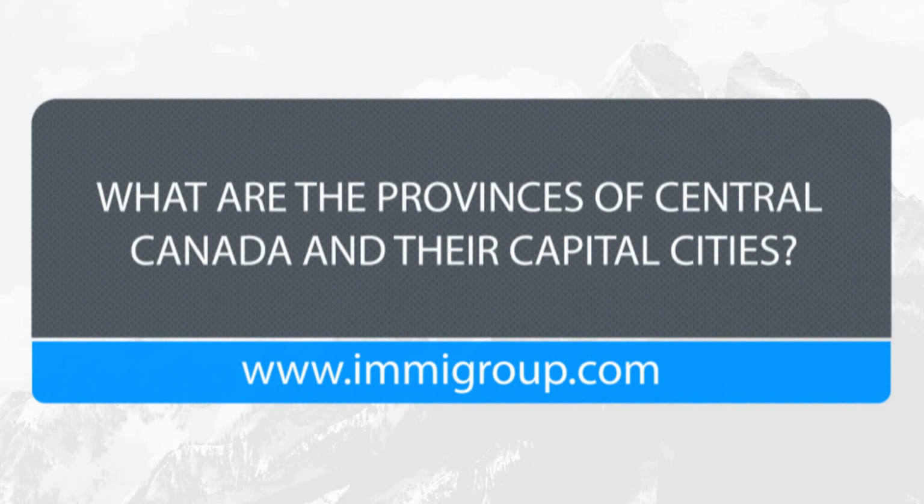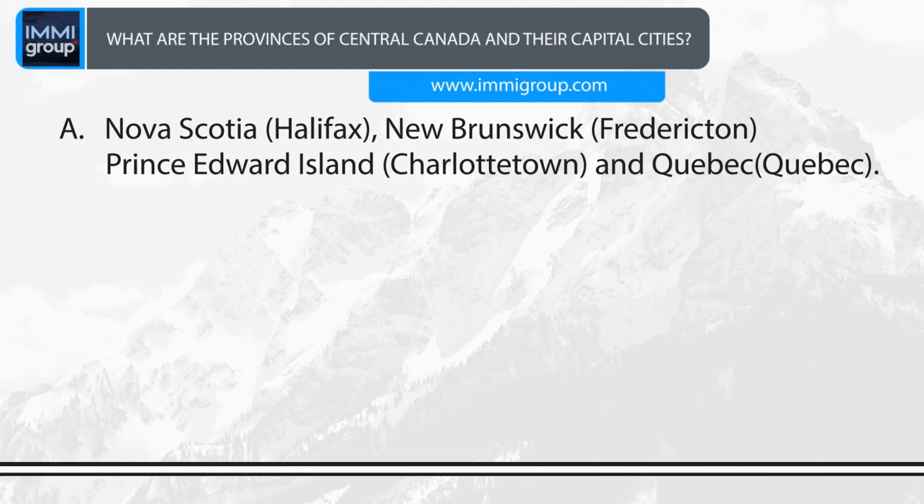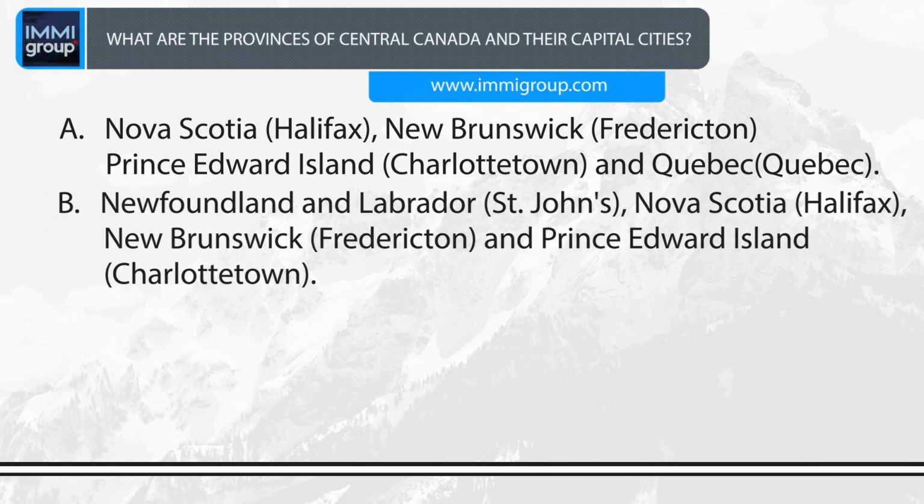What are the provinces of the Atlantic region and their capitals? A. Nova Scotia, Halifax, New Brunswick, Fredericton, Prince Edward Island, Charlottetown, and Quebec, Quebec. B. Newfoundland and Labrador, St. John's, Nova Scotia, Halifax, New Brunswick, Fredericton, and Prince Edward Island, Charlottetown.